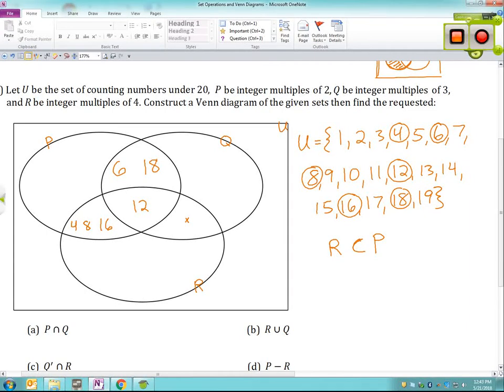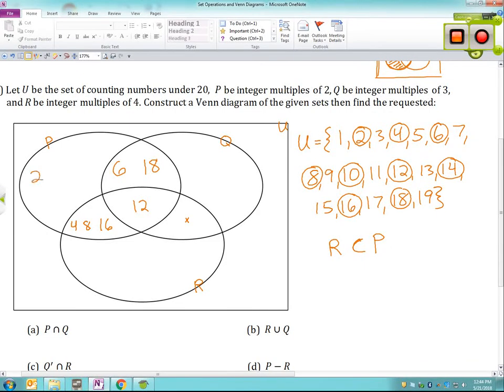Okay, now I'm going to do the sections that are just, so like the part of the P bubble that is only P and not overlapping with either of the others. So now I'm looking for any multiples of 2 that are not already in consideration somewhere. And that's going to be 2 and 10 and 14, and that's it.